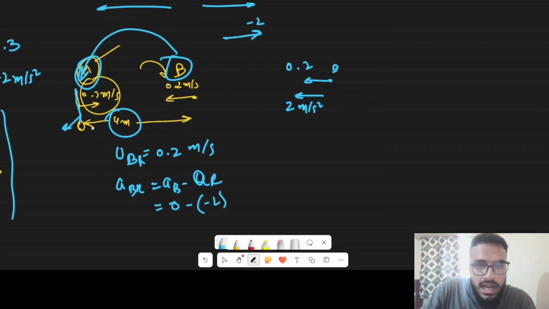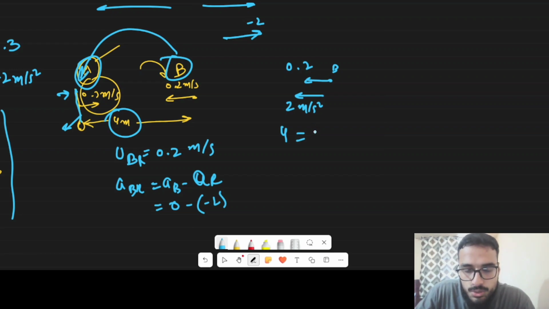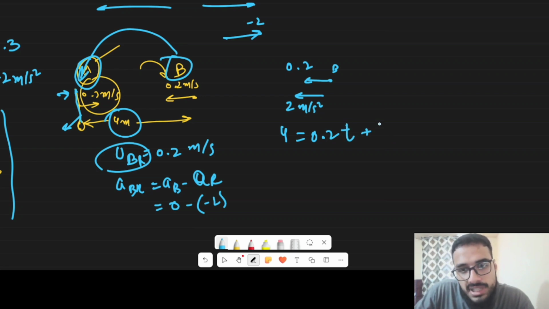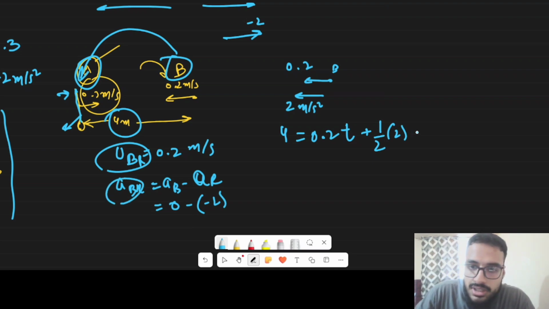We want to travel to another wall, we want to reach this wall now. We'll say, sir, 4, in that direction we are taking the distance to be positive, is U_BR, what is U_BR? 0.2 T plus half of A, what is A? A_BR, T square.